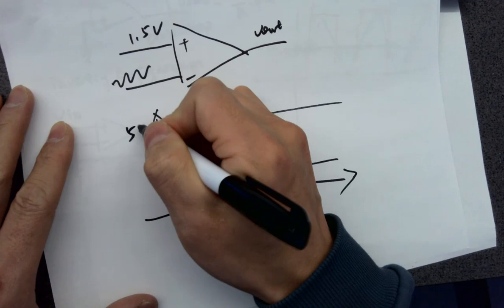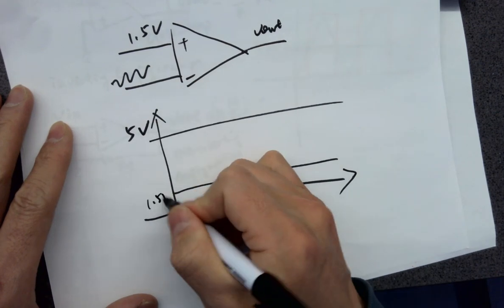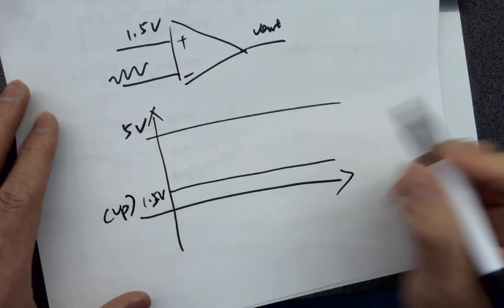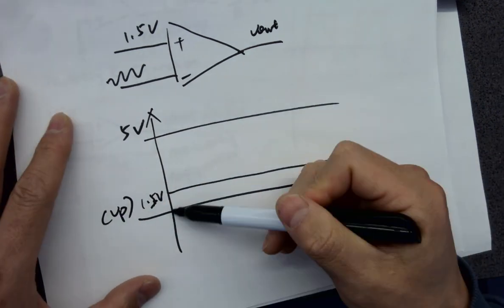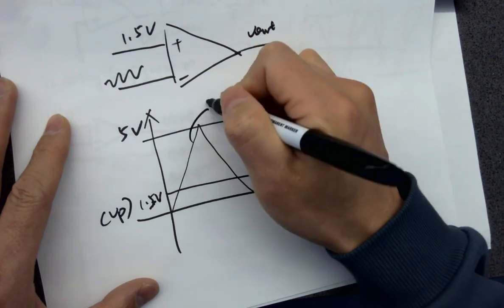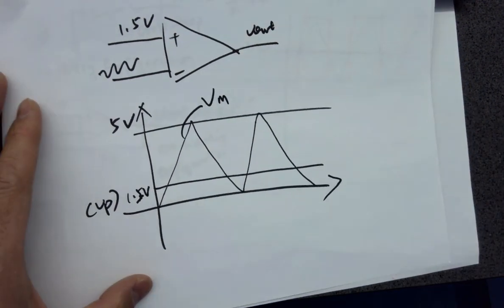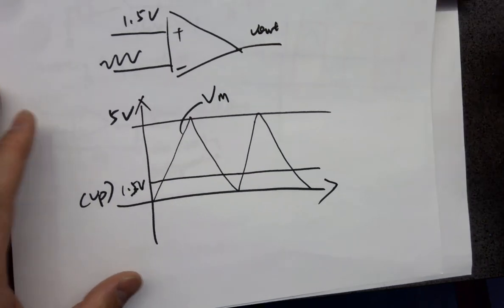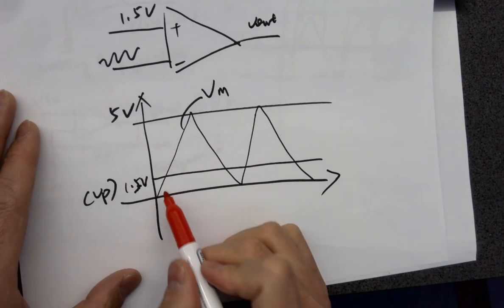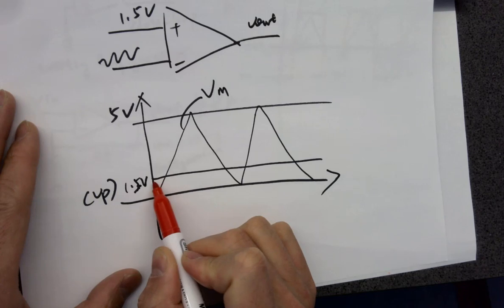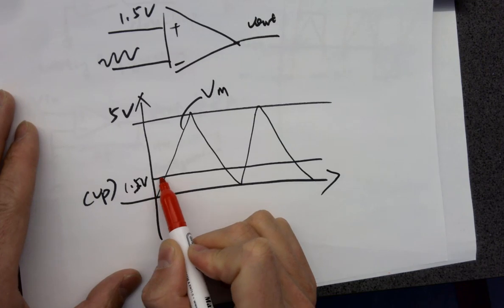Here's 5, for VP. So VM. How would you draw V out? Looking at this period, what's happening? VM is larger than VP. No, VP is larger than VM, right?